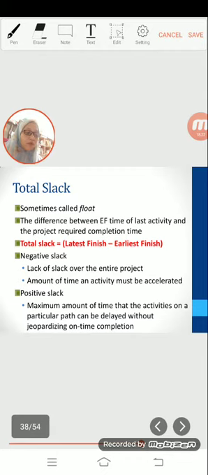While the positive slack indicate the maximum amount of time that the activity on a particular path can be delayed without jeopardizing completion of the project by the required completion time. If the total slack is 0, the activity on the path do not need to be accelerated but cannot be delayed.